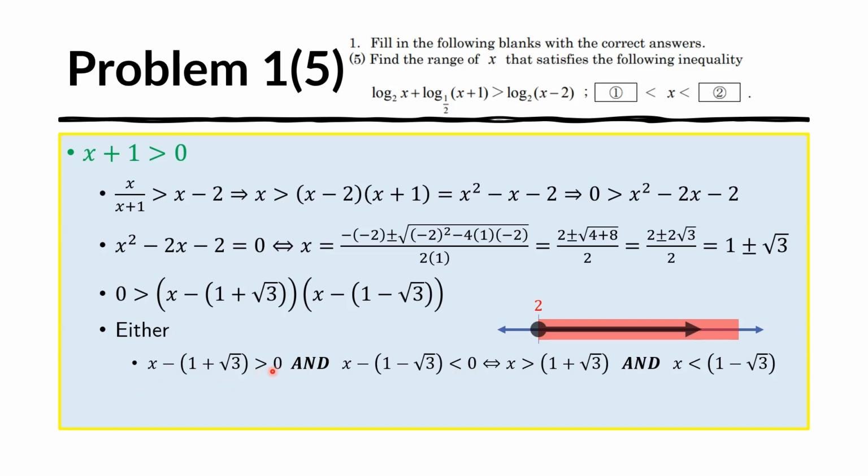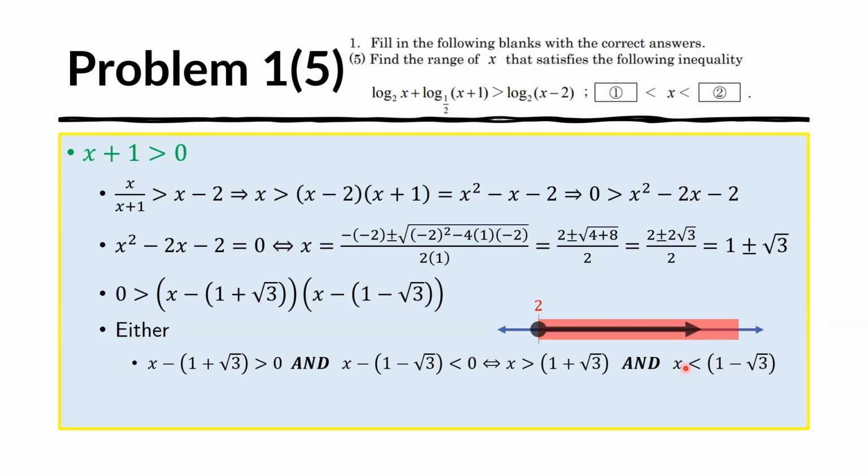And if we solve that for x, if we just move this to the right, we get x must be greater than 1 plus square root of 3. And we just move this to the right, we get x must be less than 1 minus square root of 3.